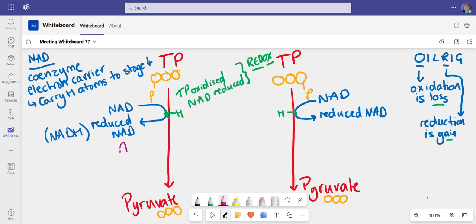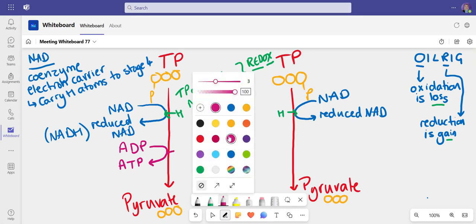So if we start with this time ADP, adenosine diphosphate, and we want to make ATP, okay, so what we can do is we can use this phosphate here. This one's got two phosphates. If this phosphate here is given to that ADP, it will now have three phosphates. So it's become ATP.